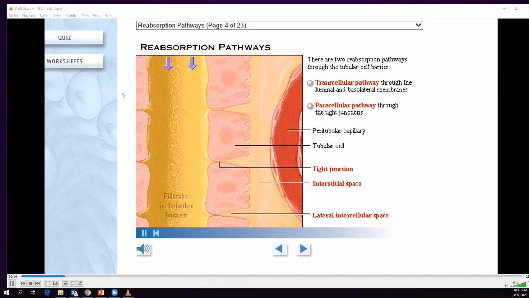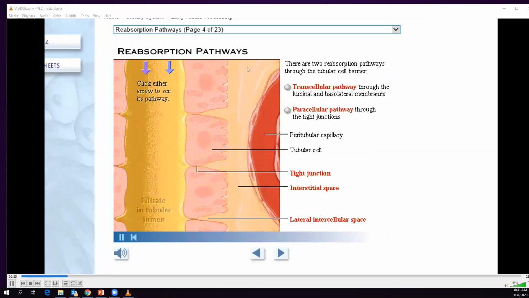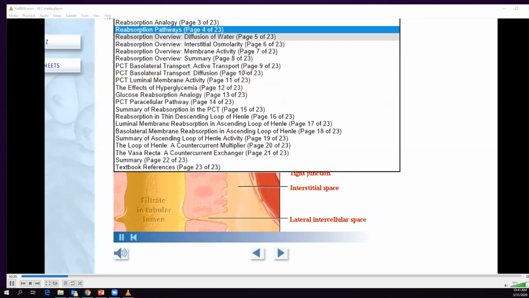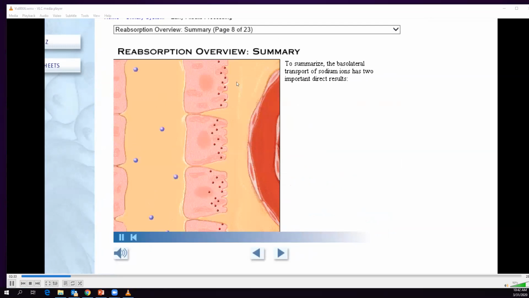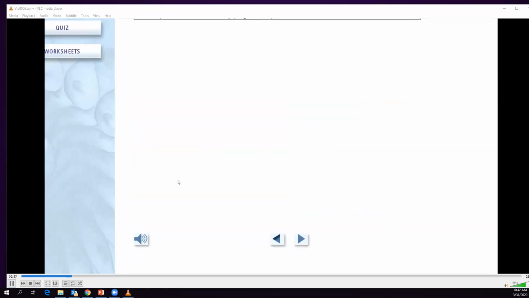Both pathways lead into the interstitial space, then through the endothelium of the paratubular capillaries into the blood. Click either arrow to see its pathway again. To summarize, the transport of sodium ions has two important direct results.